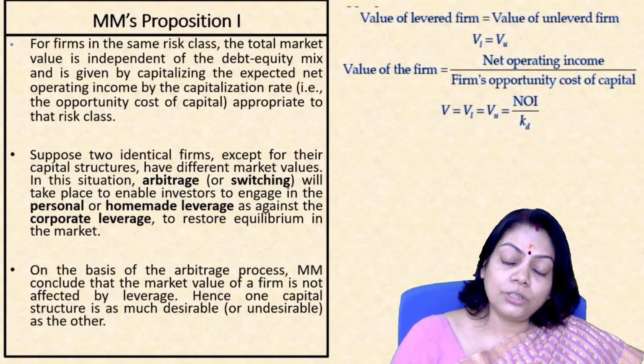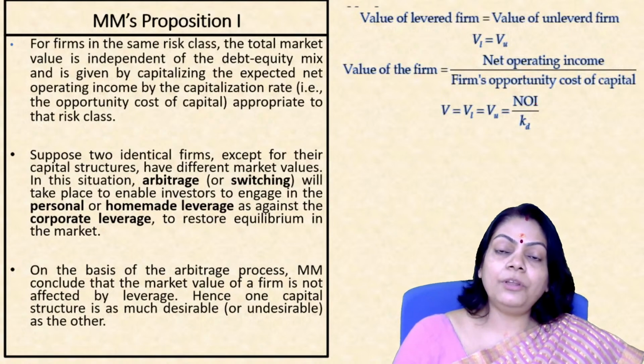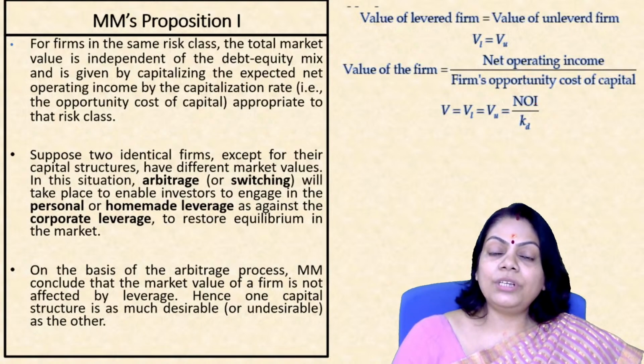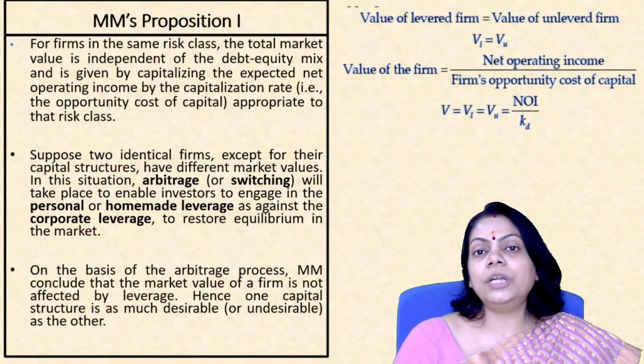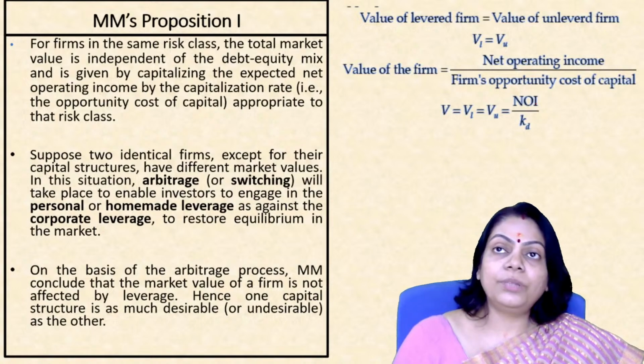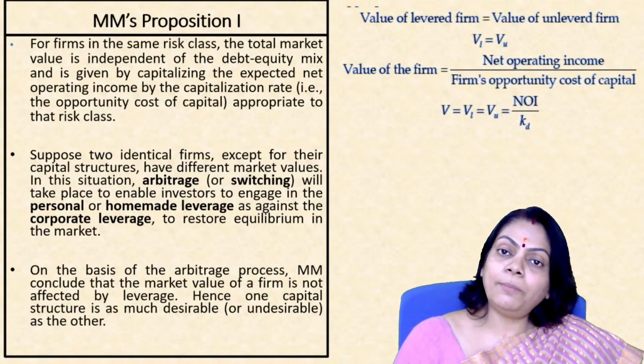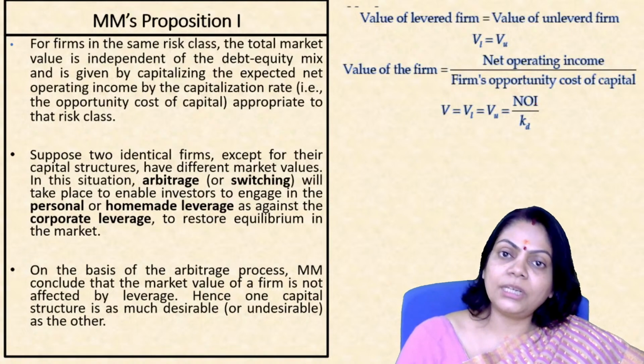To support their logic, they have given the principle of arbitrage. Now, what is arbitrage? Arbitrage essentially means switching. They say that one company employs leverage, and the other has no leverage.